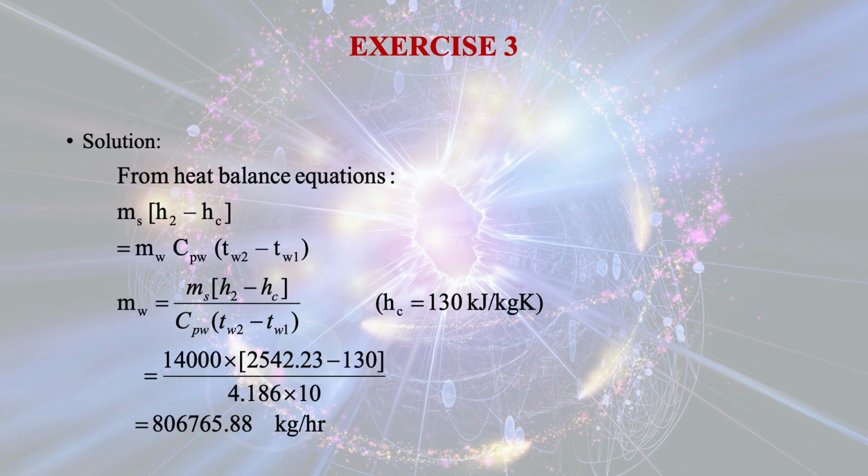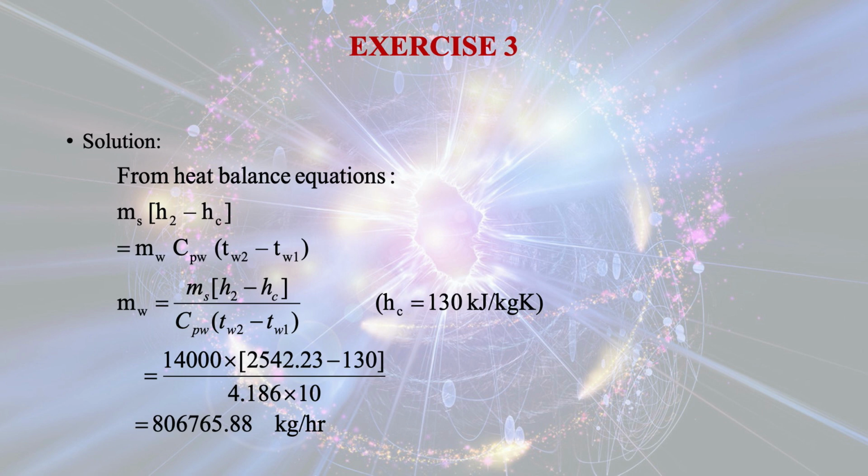Now from the heat balance equation we can write Ms multiplied by (H2 minus Hc) is equal to Mw Cpw multiplied by (Tw2 minus Tw1). Here Tw2 is the final temperature of the circulating water in the condenser, and Tw1 is the initial temperature of the circulating water in the condenser.